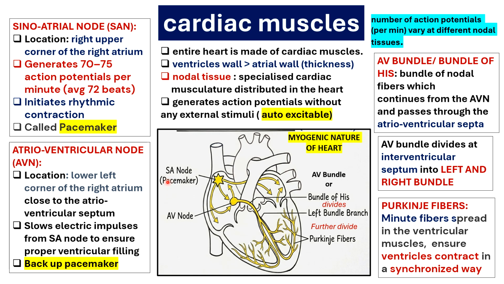Whatever impulses come from the SA node, the AV node tries to slow them a little. Why? So that the ventricles have a little more time to fill up nicely and are not withstanding very high pressure. Is that clear? This AV node acts as a backup pacemaker whenever the SA node is not working.